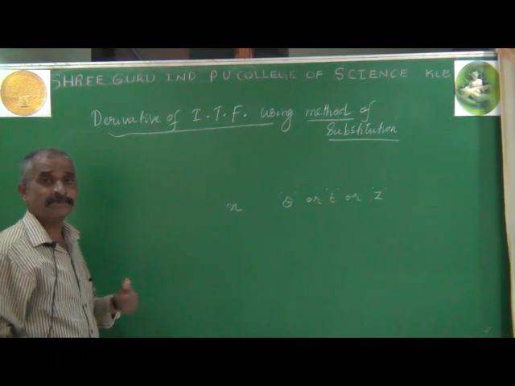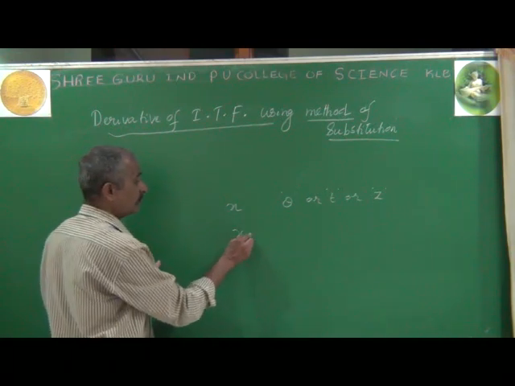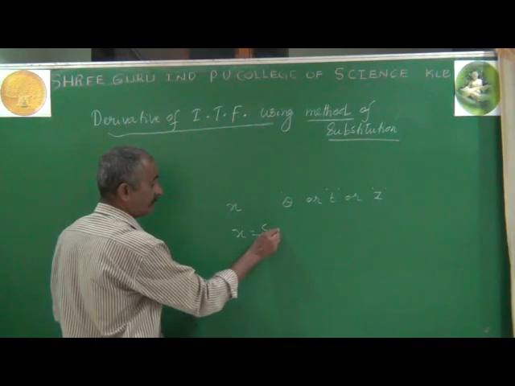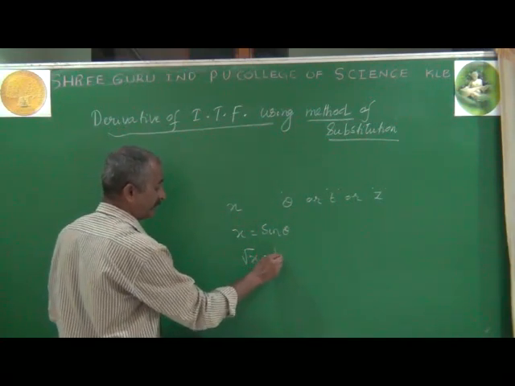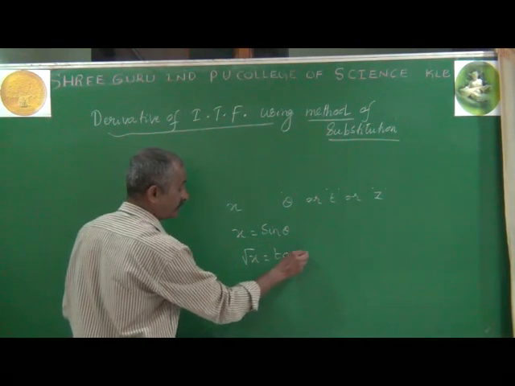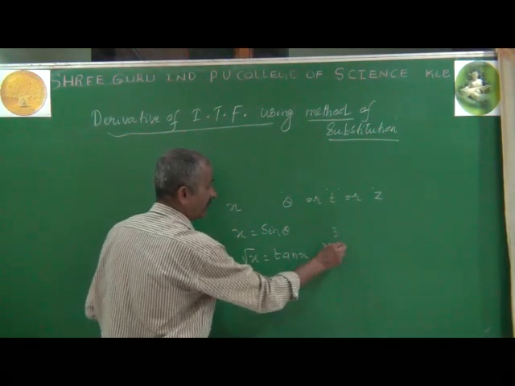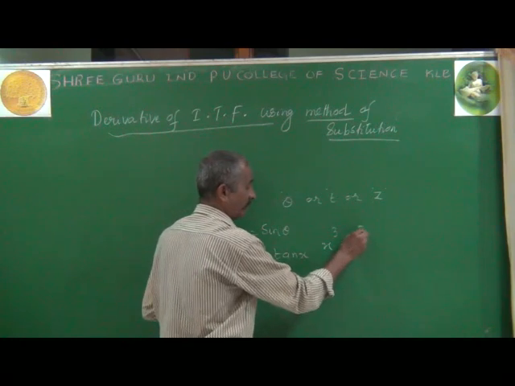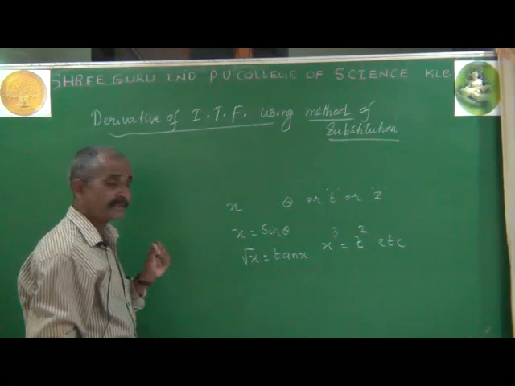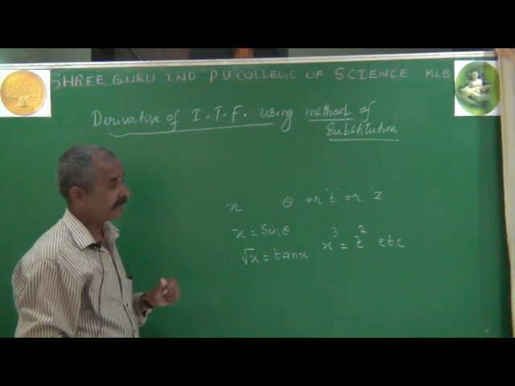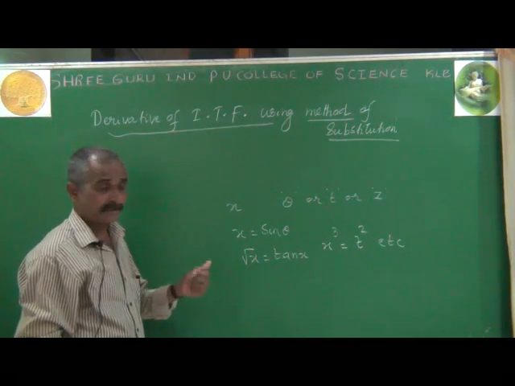Sometimes we need to substitute x equals sin theta. Sometimes we need to substitute root x equals tan t. Sometimes we need to substitute x cube equals t square, etc. That depends on that particular case. So one must take a proper substitution depending on the expression.